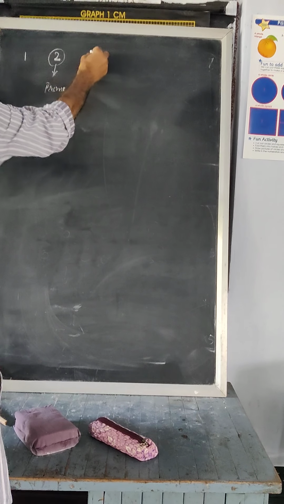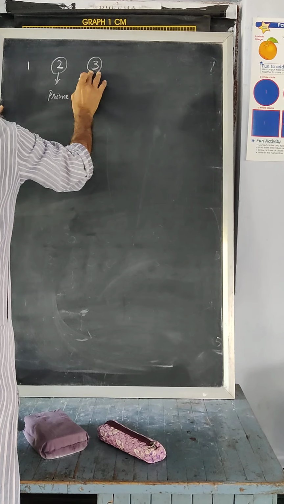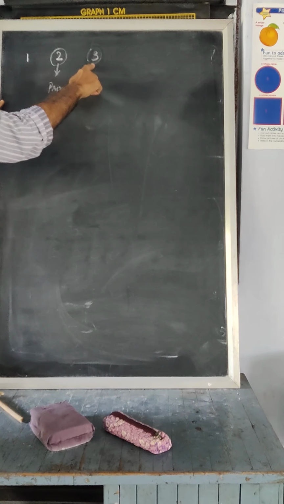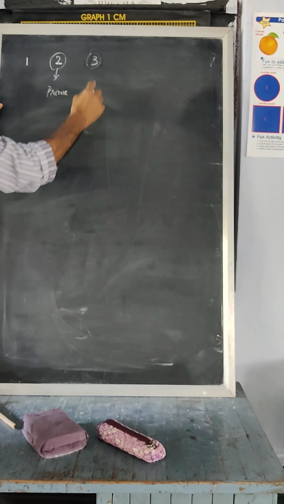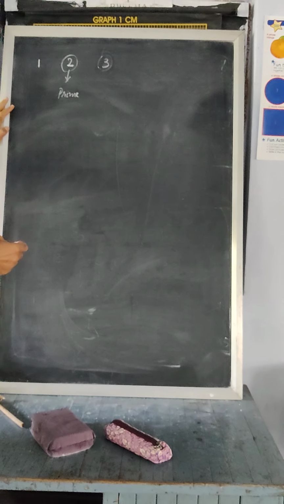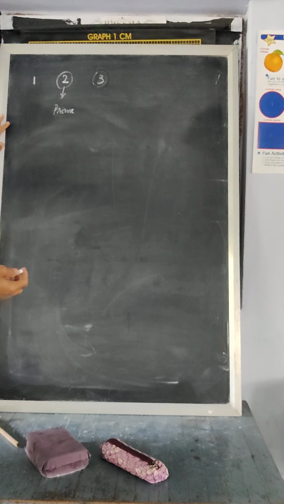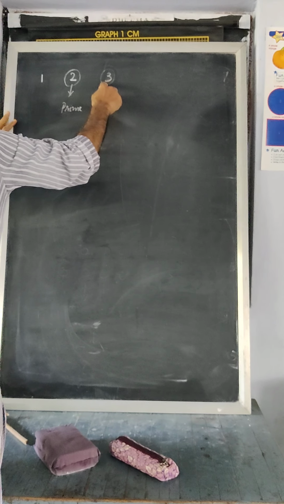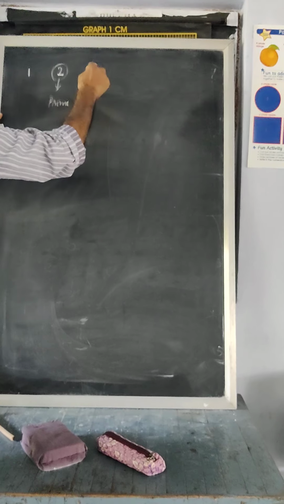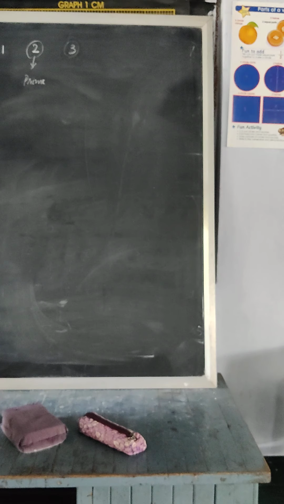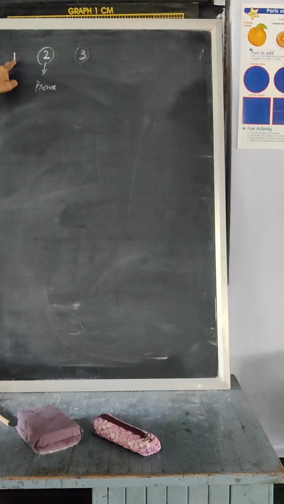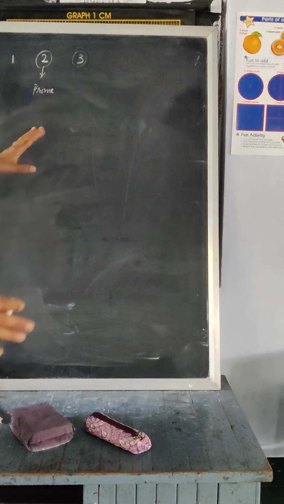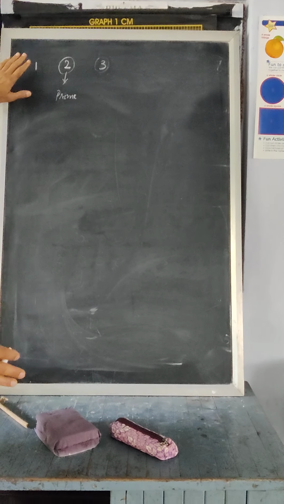Now, the next number is 3. Can we find a smaller number which when repeatedly added gives us 3? No. Of course we can take 1 three times and add, but that 1 is there for any number, so we don't count that as a factor.